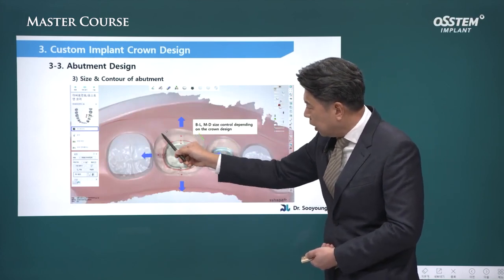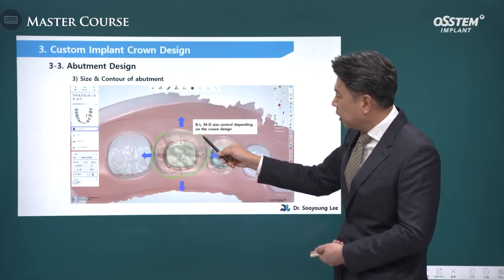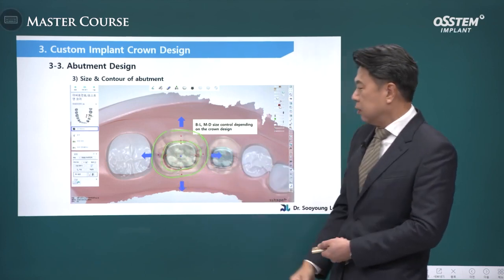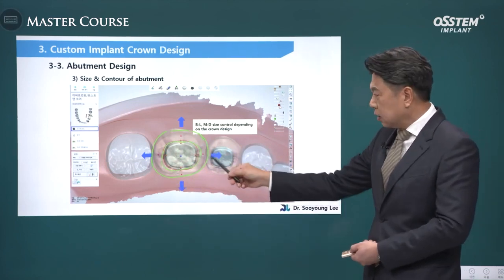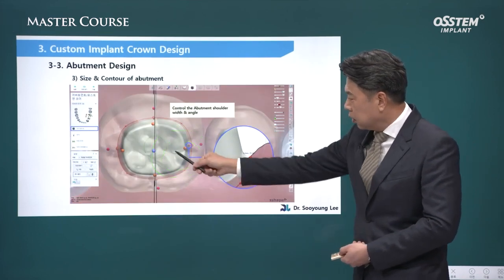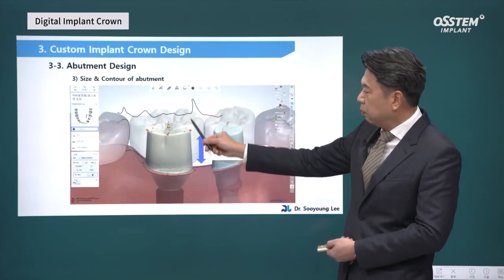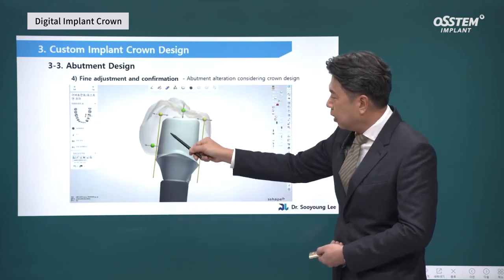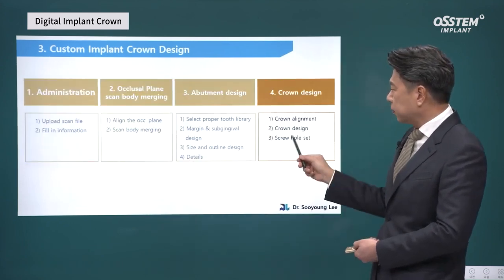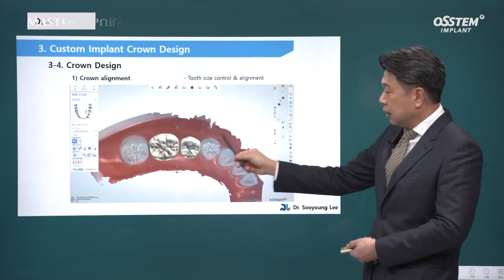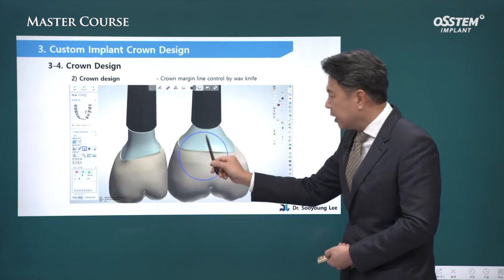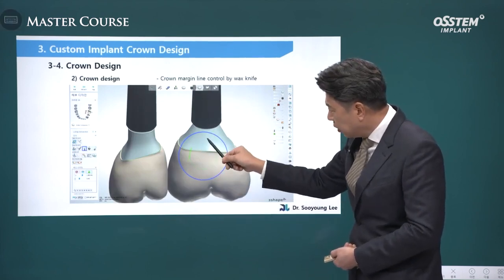The abutment size and the crown appearance that we chose before appear semi-transparently, and the margin of the abutment can be designed. The height can be adjusted, and after designing an abutment, the crown design can begin. This is the first suggested crown over the abutment, and it can be adjusted in detail.